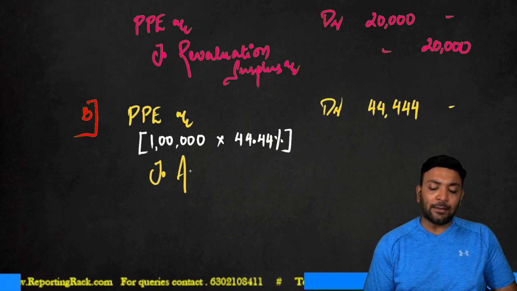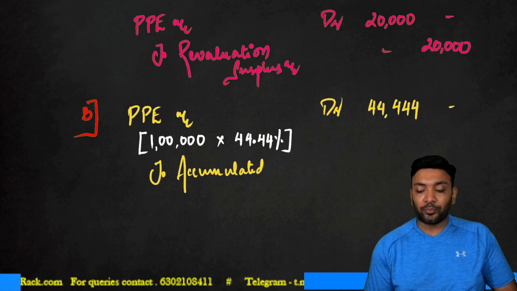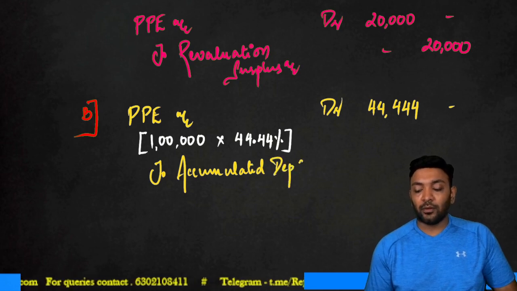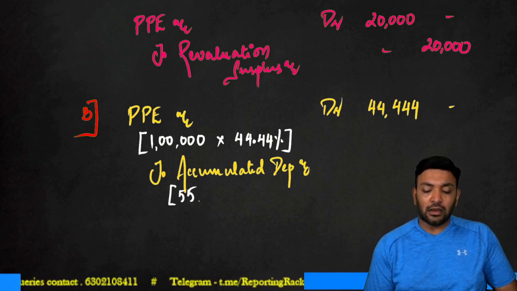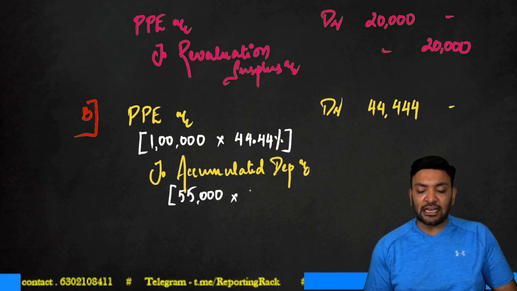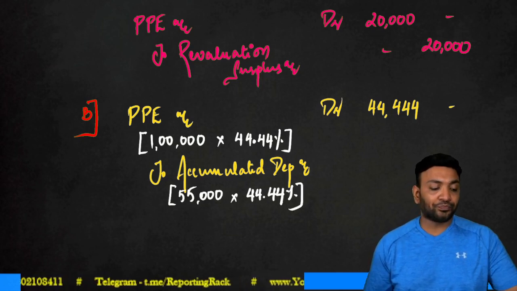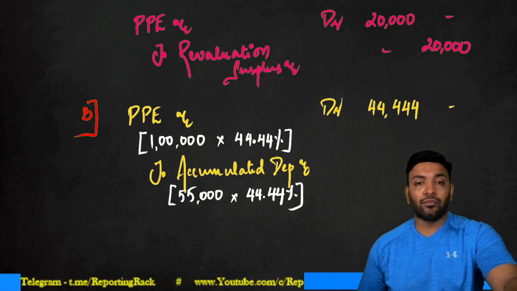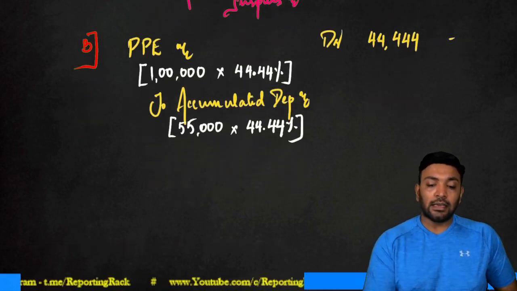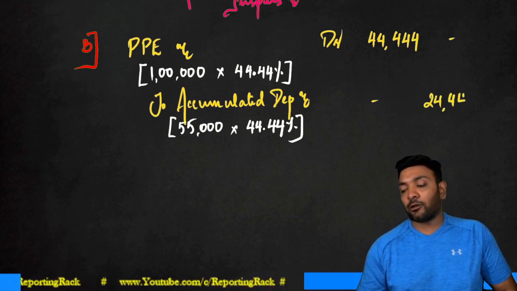To accumulated depreciation, which was 55,000, again proportionately increased by 44.44%, is an amount of 24,444.